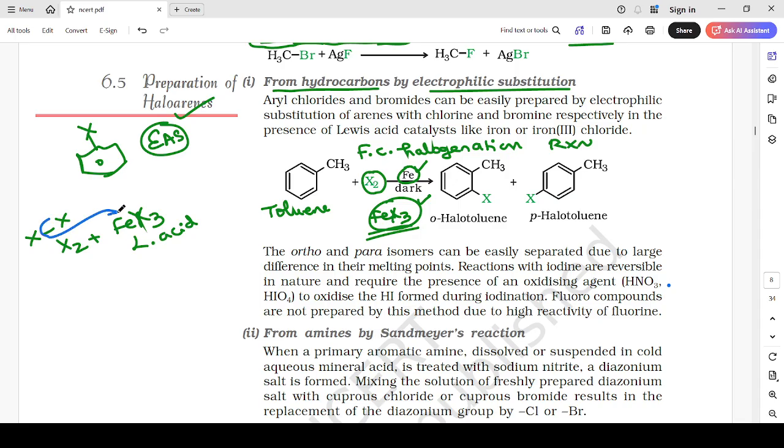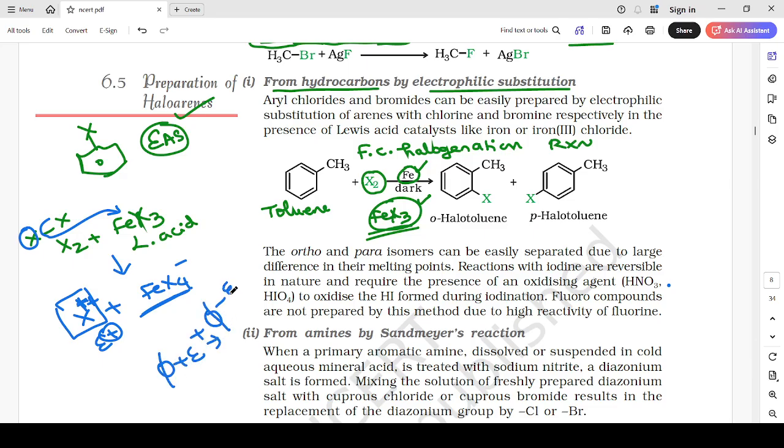I am having X2 here in the presence of FeX3. This will take X-, so what is remaining? X+. FeX4- is formed. X+ and FeX4- form. This is an electrophile. Now this electrophile will go and attack the benzene to form your product.